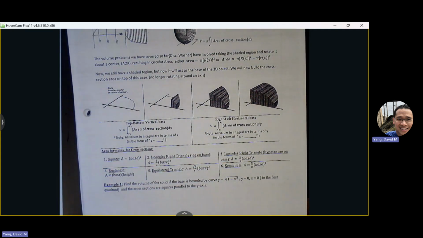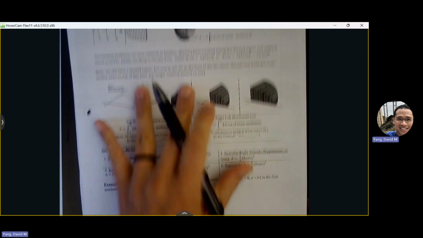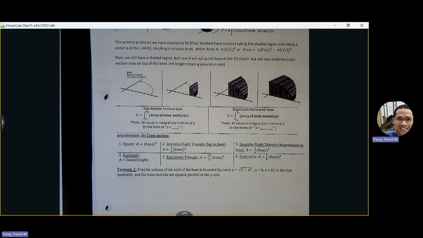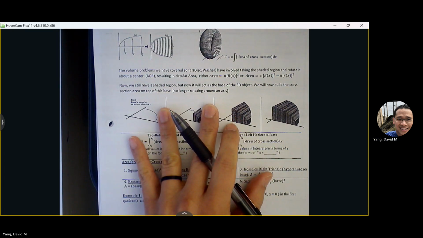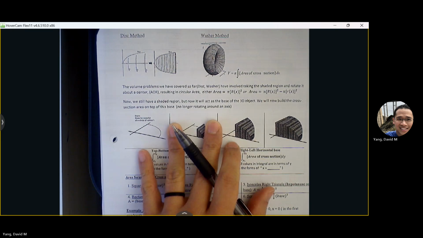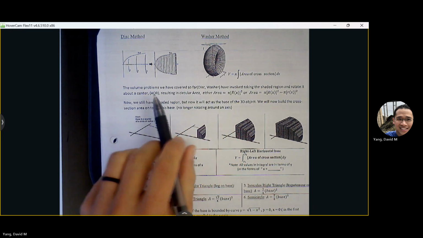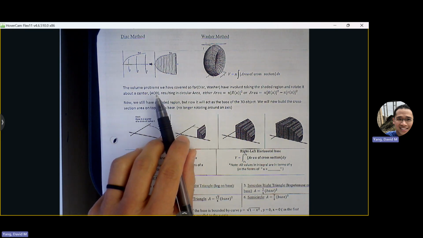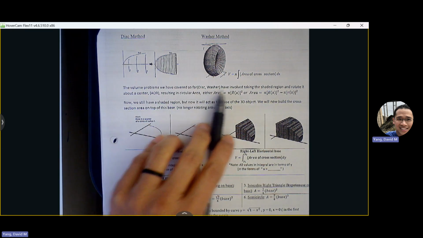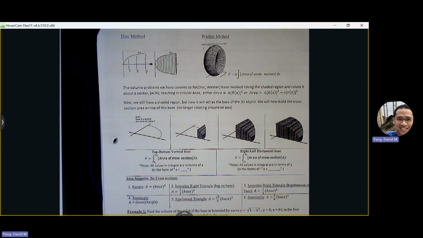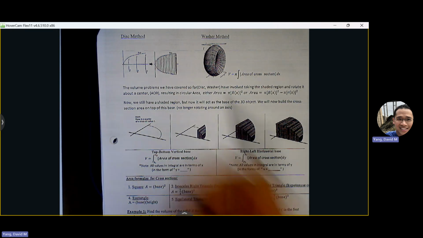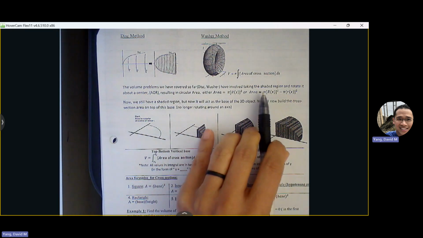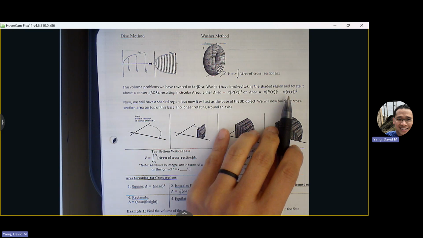But the good thing is that we just have to make a slight adjustment with the formula that we've learned, and that will get us into finding the volumes of these objects. All right, so the volume problems we've covered so far, disk and washer, have involved taking the shaded region and rotating it about the axis, resulting in a circular area. And area has so far been pi r squared, or pi big R squared minus pi little r squared.